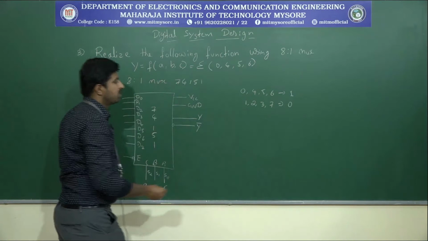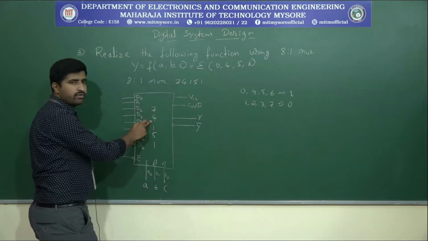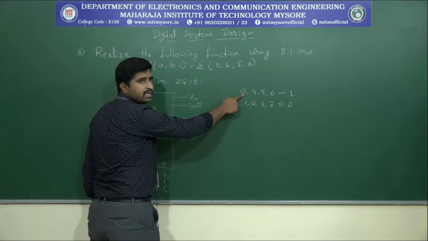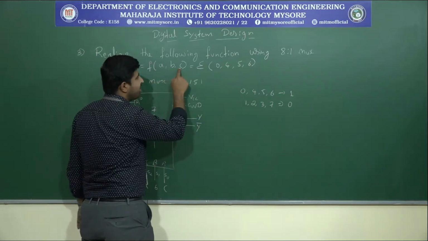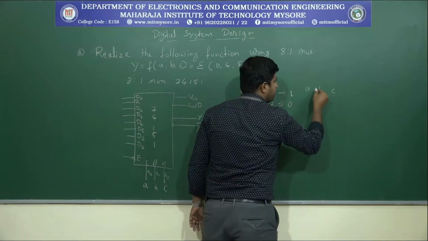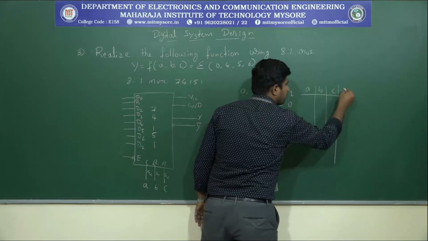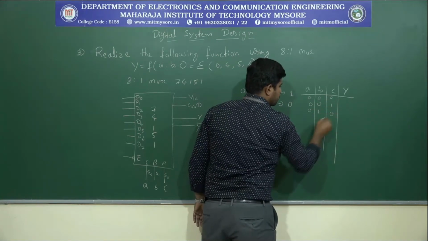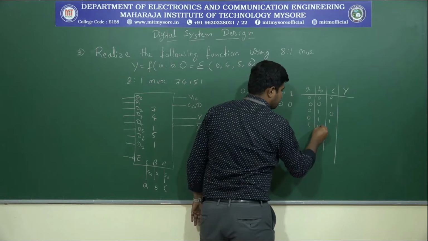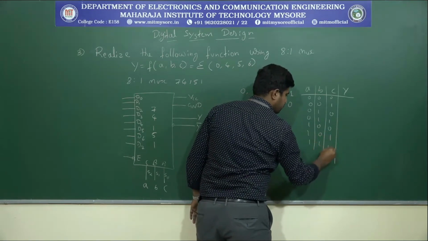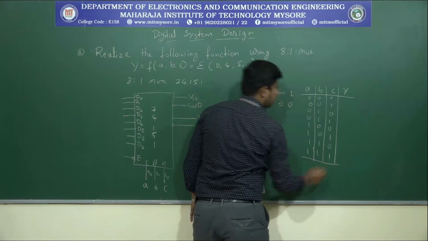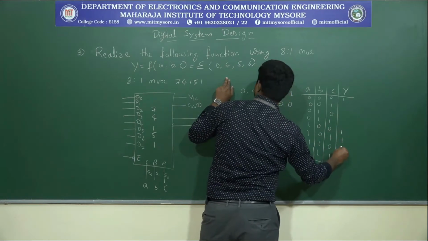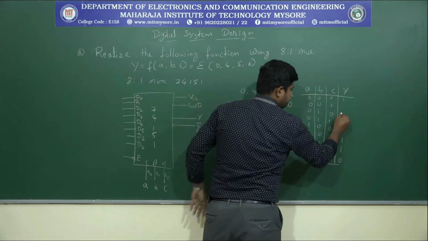So in the 74151, when the inputs are 0, 0, 0, the output must be 1. This indicates that when the inputs A, B, C are 0, 0, 0, we write the truth table. So 0 will be 1, next 4 will be 1, 5 and 6 are 1, and the remaining will be 0.